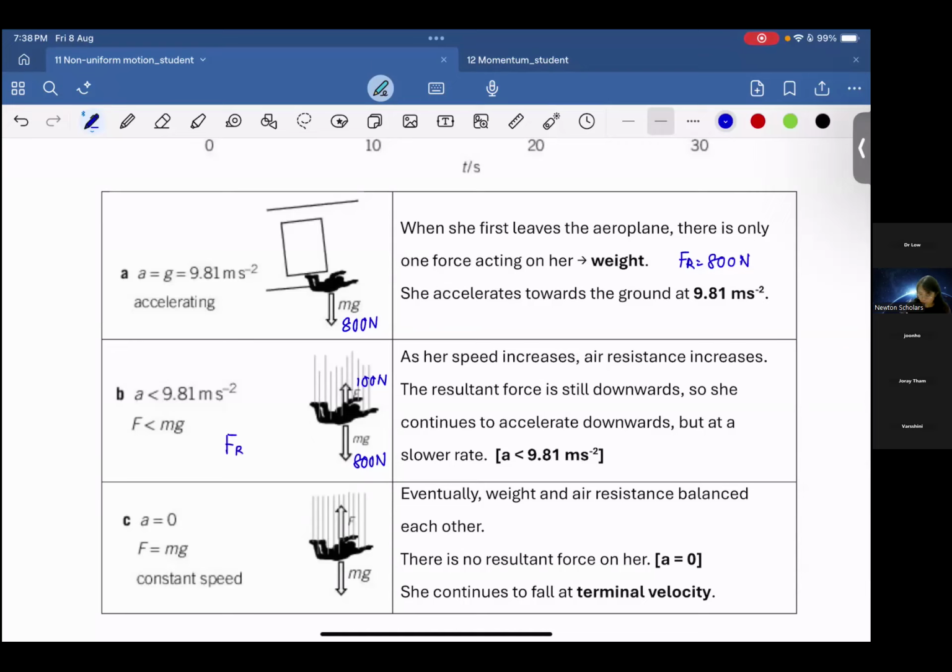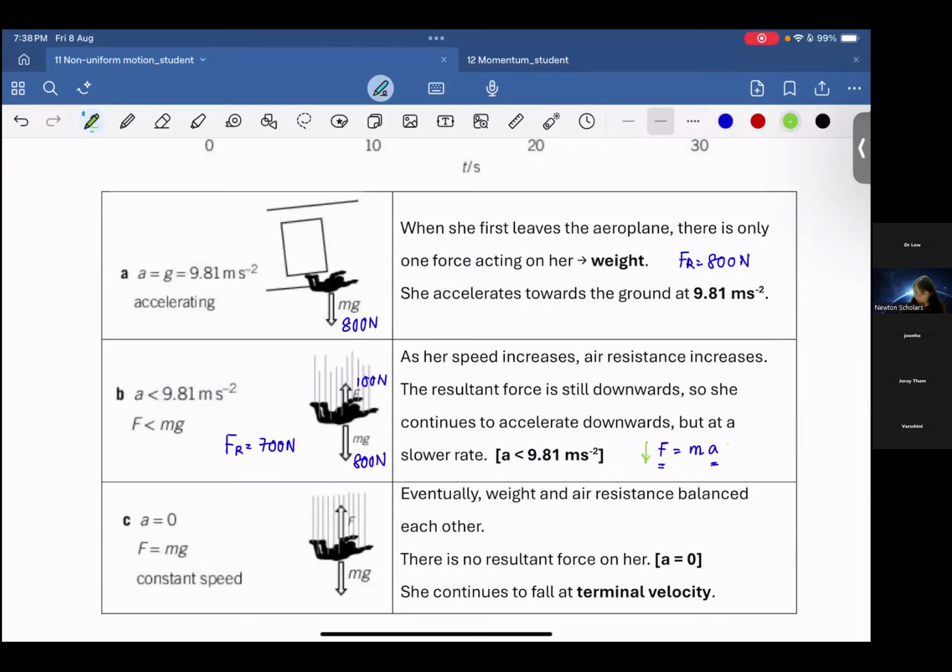So you look at this, your resultant force right now becomes 700 Newton. Actually, your resultant force decreases. Am I right? It decreases. So F equals MA. If your resultant force decreases, of course your acceleration won't be 9.81 anymore. It will decrease also.